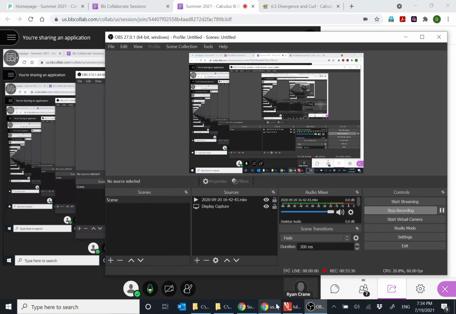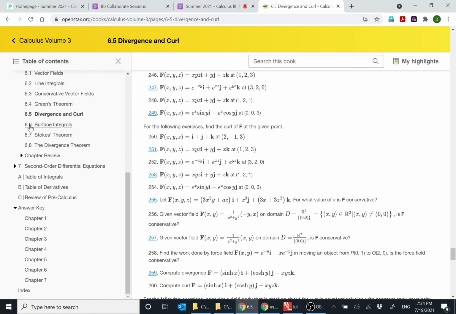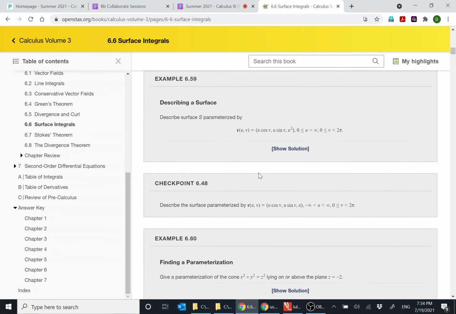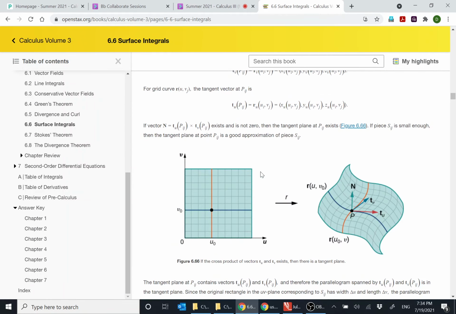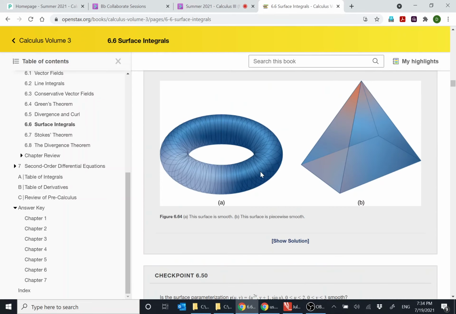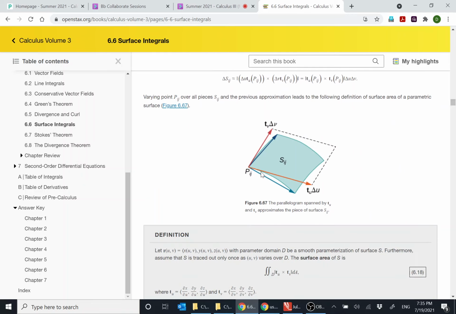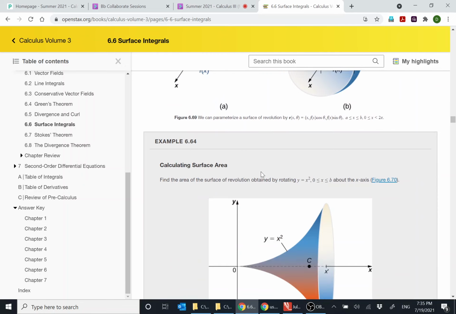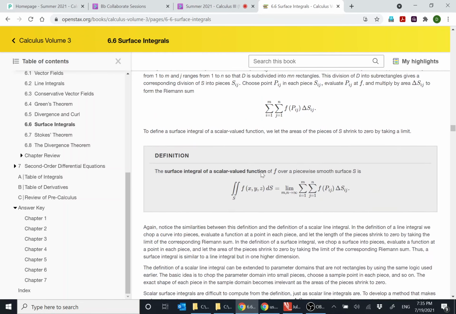Okay, we're back. So moving on to section 6.6 on the two types of surface integrals. There is the scalar surface integral and the vector surface integral. Just like how there is with line integrals, there's the scalar type and then there's the vector field type.